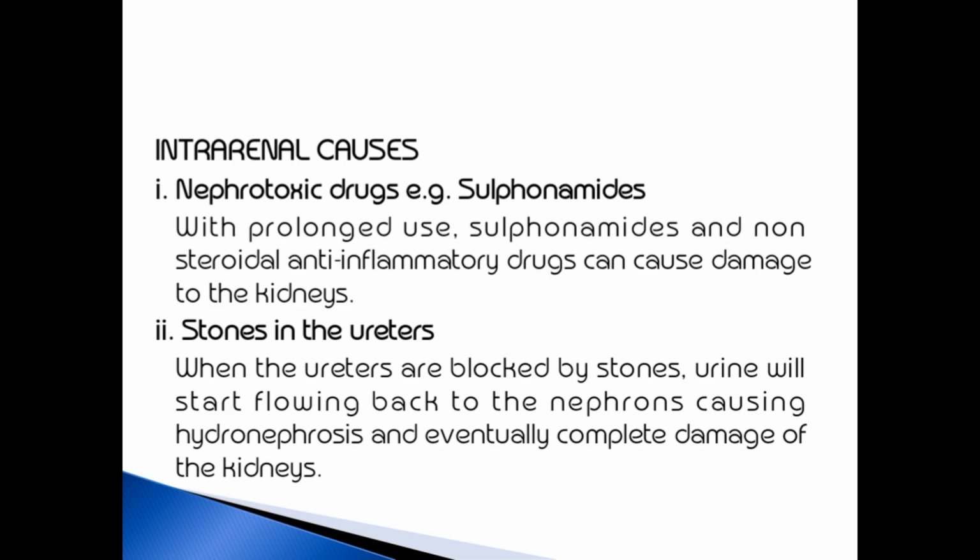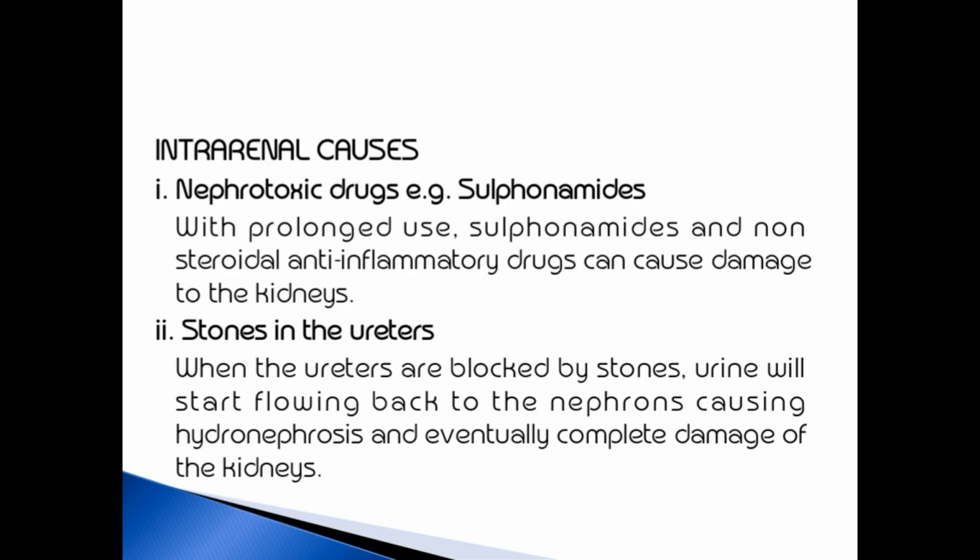So now, the first thing that we're going to talk about under the intrarenal causes is nephrotoxic drugs. If there is drug toxicity, you find that it is going to impair the structure of the glomerulus, causing it to be damaged and leading to renal failure.